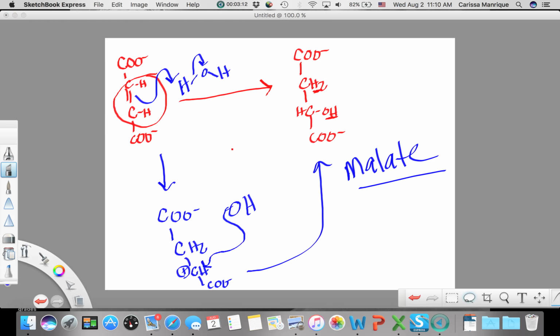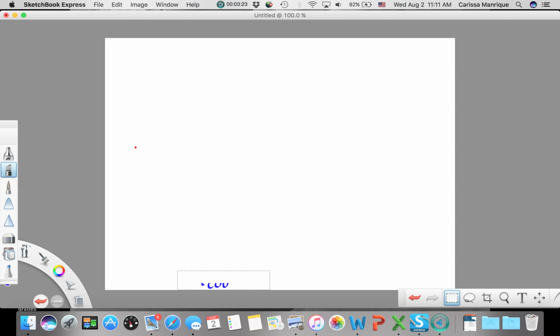So the last thing we need to do is oxidize this structure right here. Okay, so let's start with what we ended with. So we have COO minus, and then we have CH2, CHOH, and COO minus.